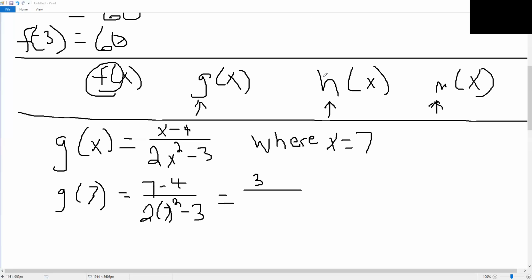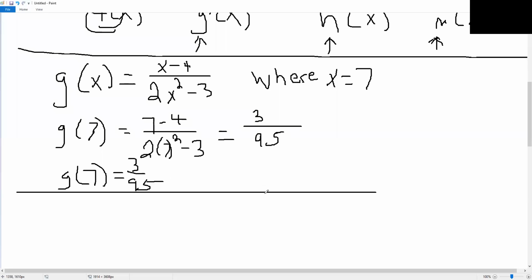It's 98 minus 3. So 98 minus 3 is 95. So we would say that g of 7 equals 3/95.